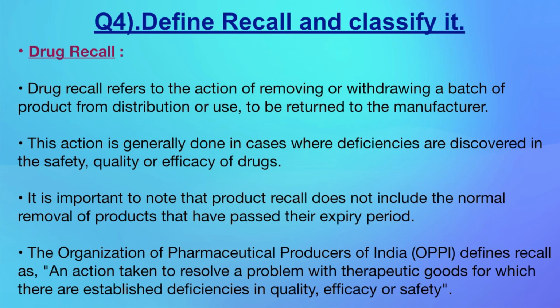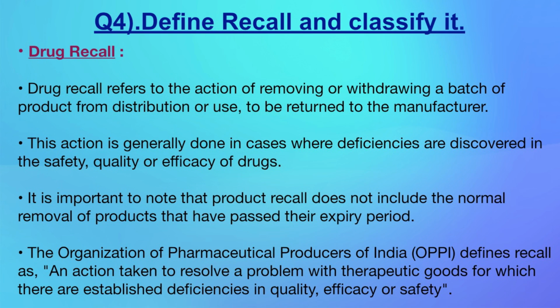Question number 4. Define recall and classify it. Answer. Drug recall. Drug recall refers to the action of removing or withdrawing a batch of product from distribution or use to be returned to the manufacturer. This action is generally done in cases where deficiencies are discovered in the safety, quality or efficacy of a drug.